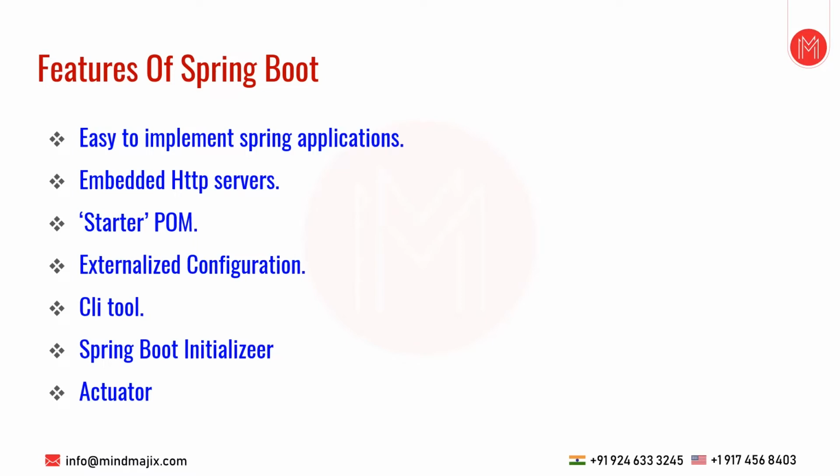And there is one more feature to create a Spring Boot application in a simple manner. That is Spring Boot Initializer. Spring Initializer is another feature of Spring Boot that solves the problem with respect to project structure.